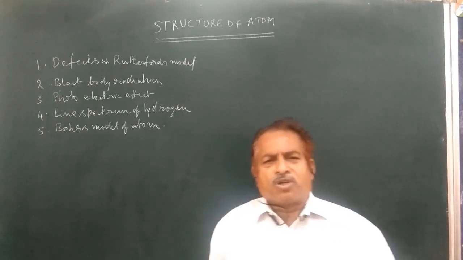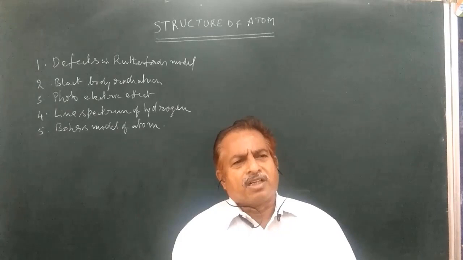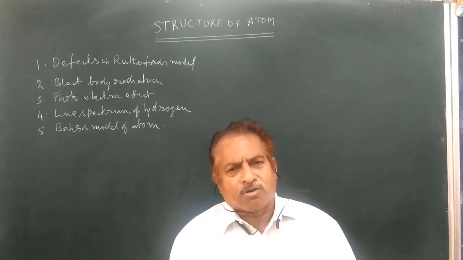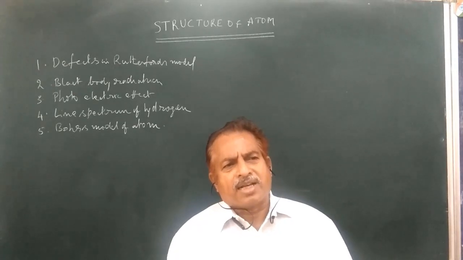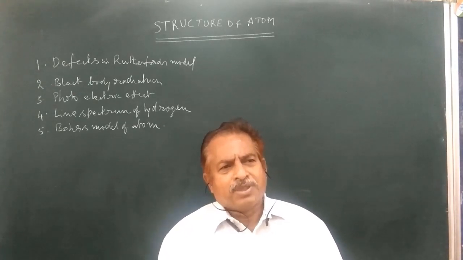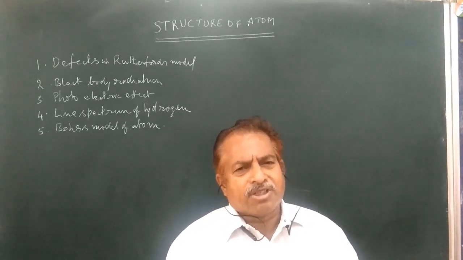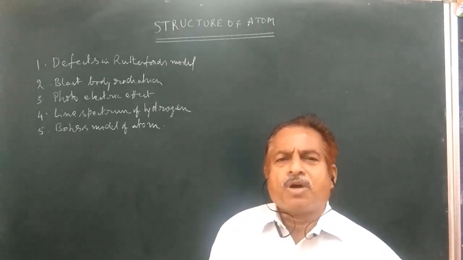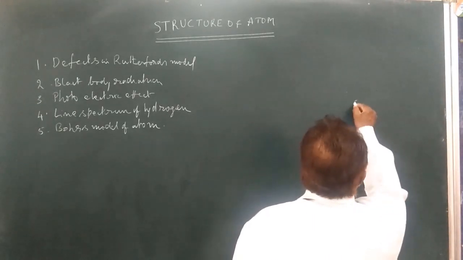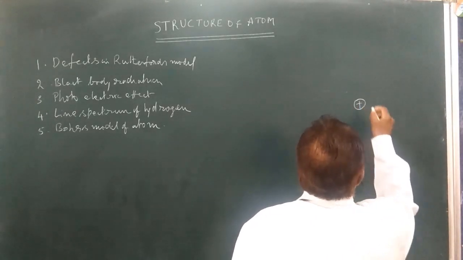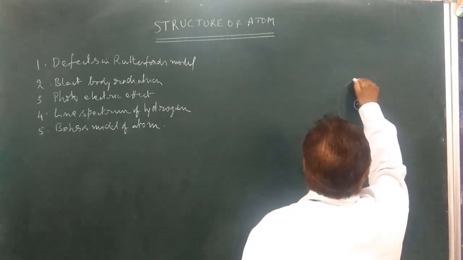According to Rutherford's model, electrons revolve round the nucleus like planets revolve round the sun. Therefore, it is also referred to as a planetary model of atom. There exists an electrostatic force between negatively charged electrons and the positively charged nucleus. Thus, this is the nucleus and this is the electron.